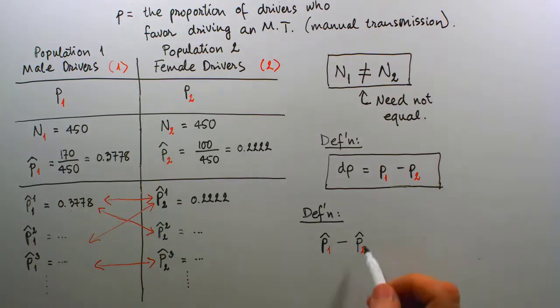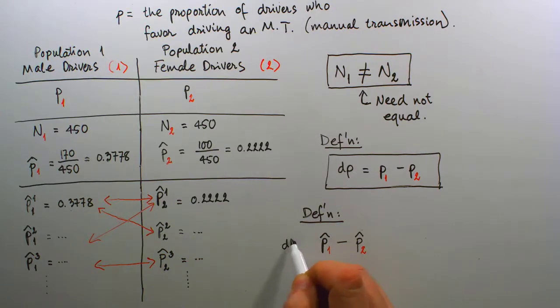And now I call this difference dp hat. These are all lowercase, and the hats indicate that these are all intended for sample values.